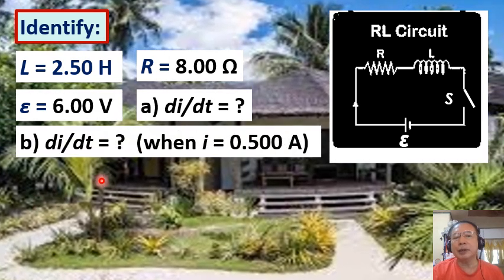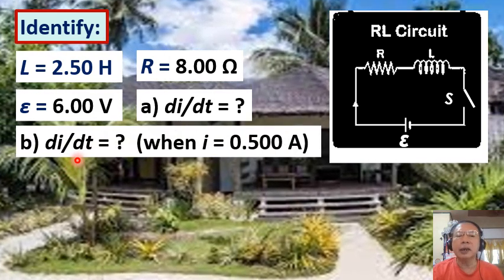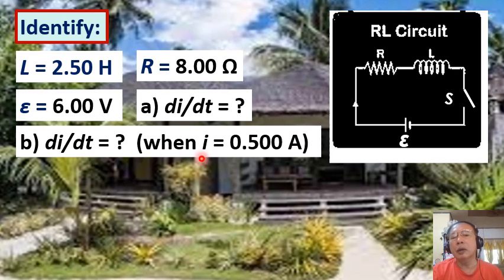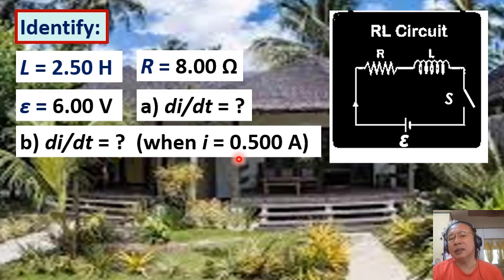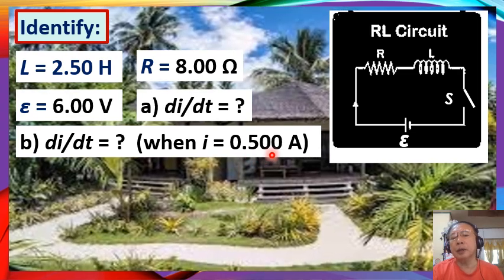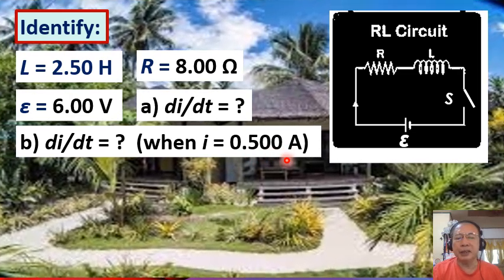our target variable is also the rate of change in the current when the current at a certain instant is equal to 0.500 amperes.